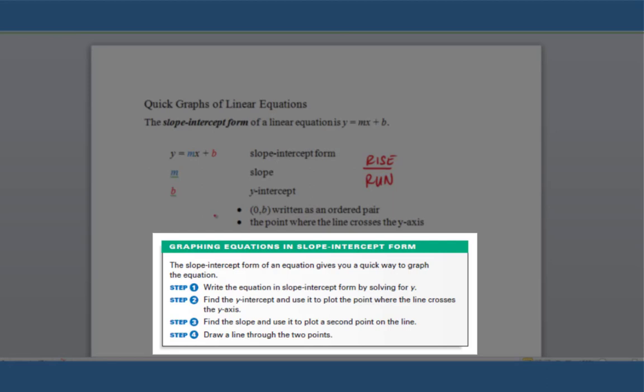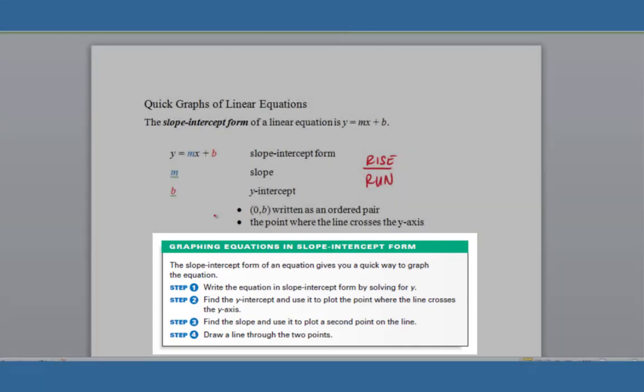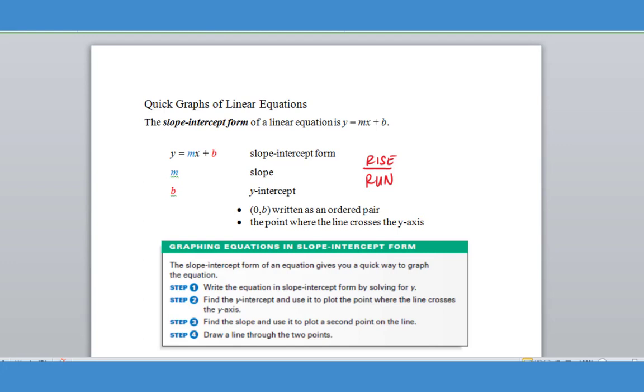That's our first point to plot. From there, we can count the slope, the rise and then over on the run, and create a second point. Then we can use the slope again to create a third point. Once a third point is created, you have a definite pattern for the line, and you can simply draw the line through the given points.